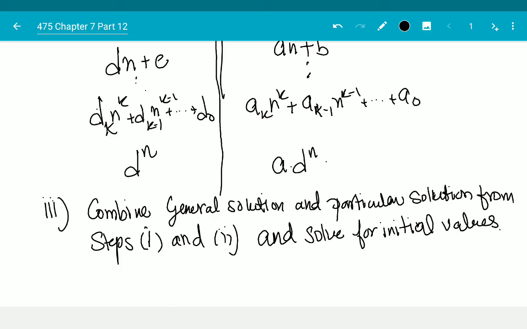Okay, so that is how you solve using h of n and solving for homogeneous equations and that process. I'll do one more example where we solve for things using the generating function. Okay, and that will be the end of section 7.5.